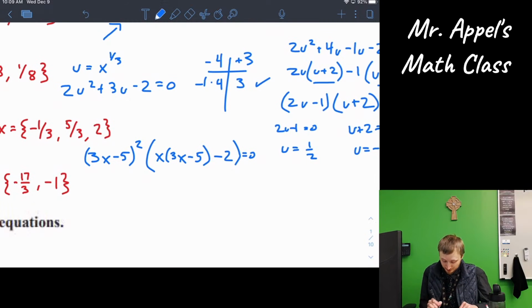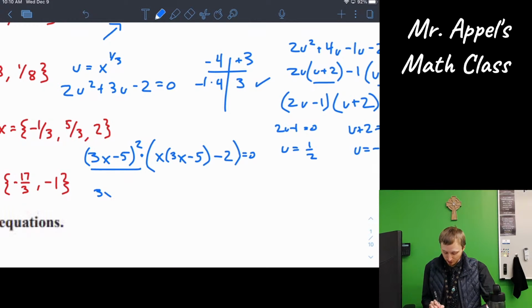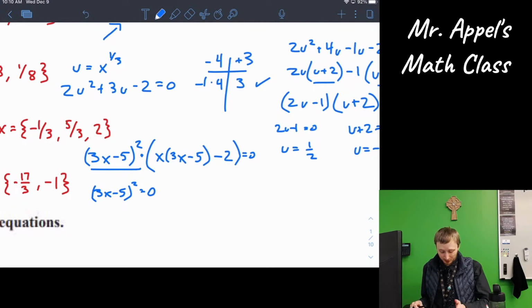Okay, so now I've got some multiplication here. My main expression here is represented as a multiplication, so I can immediately use ZPP and break off this half to say 3x minus 5 squared equals 0, and solve that for x. I know I'm going to get a duplicate answer here, but it's still the same answer.